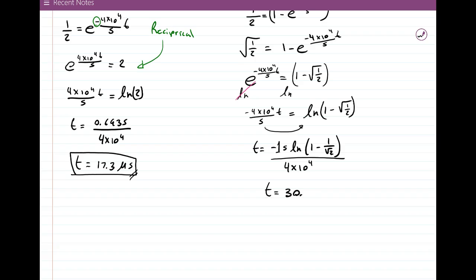Okay. So it will take only 17.3 microseconds for the current to reach half of its max value. So it will take 30.7 microseconds for the energy stored to reach half of its max value. Yep. Good.